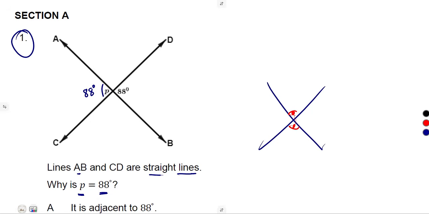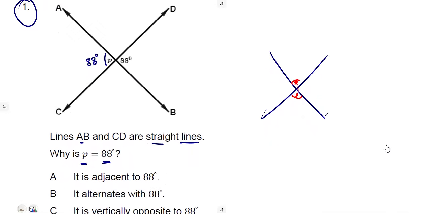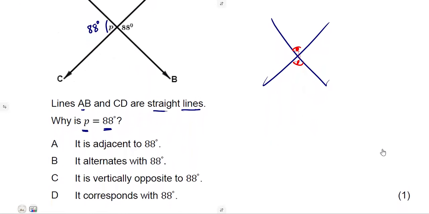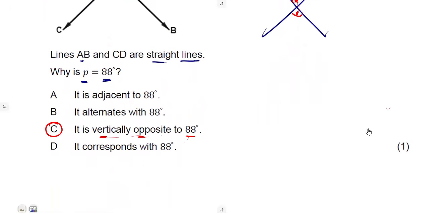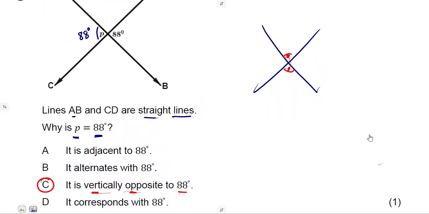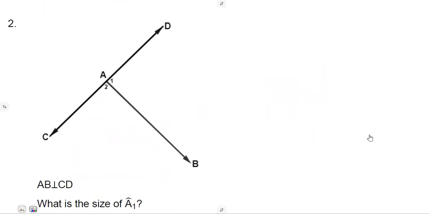So that is what we are going to look for on our answers: vertically opposite angles, which is the one that we are having on C. It is vertically opposite to 88 degrees, this one. So that is the reason. Already you are given the answer there. Why is it that they are equal?